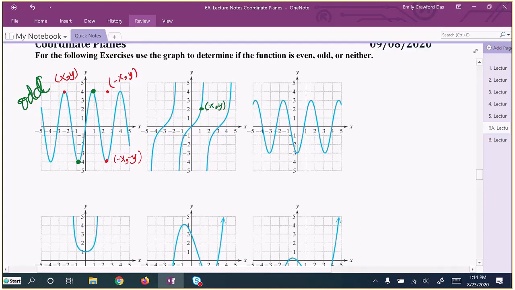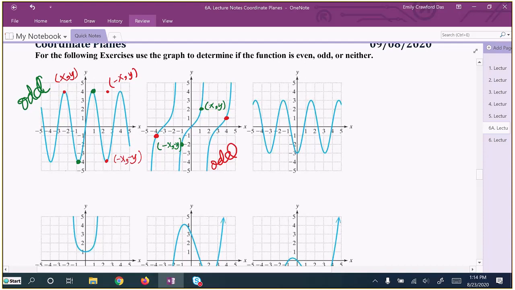Then I would need (-x, -y) to be present. So that would be here, and that is on my graph. And I should be able to do this with any point. So if I test this out, then, for example, this point is here, and it is in fact symmetric with respect to the origin. So I can do this with any point, so I say the graph is odd.